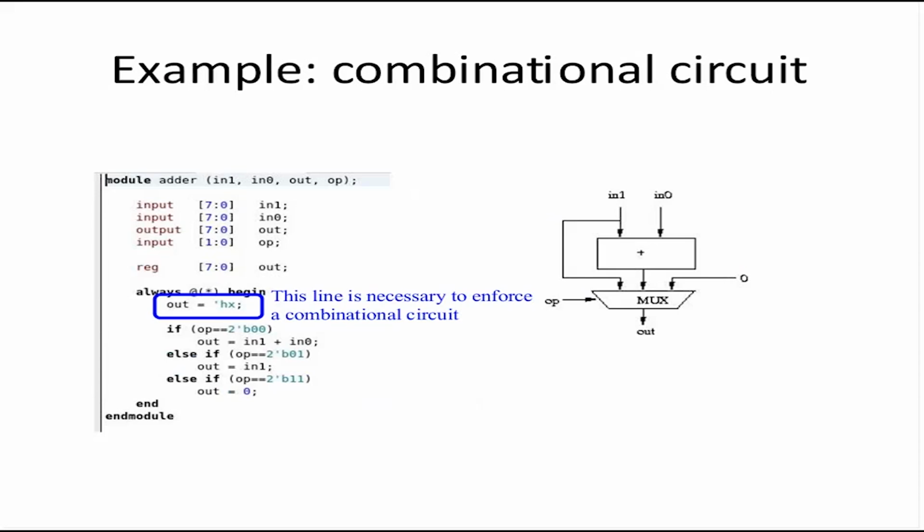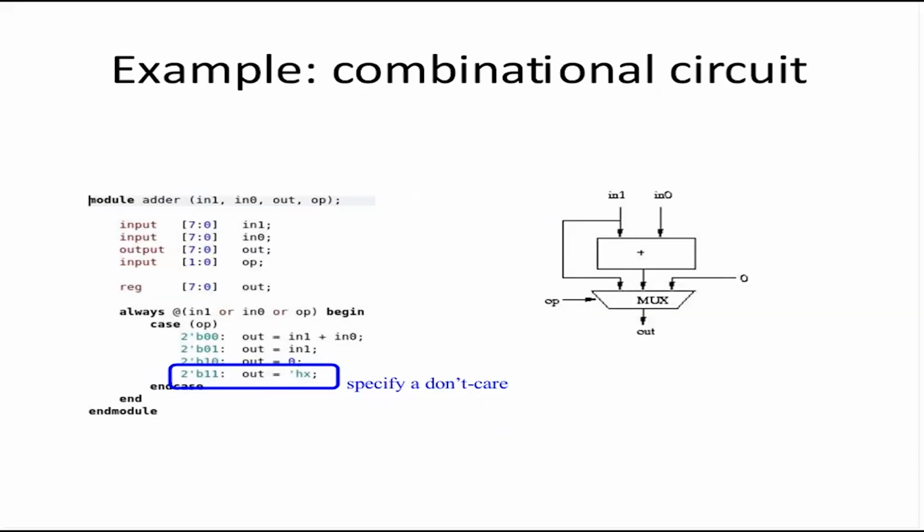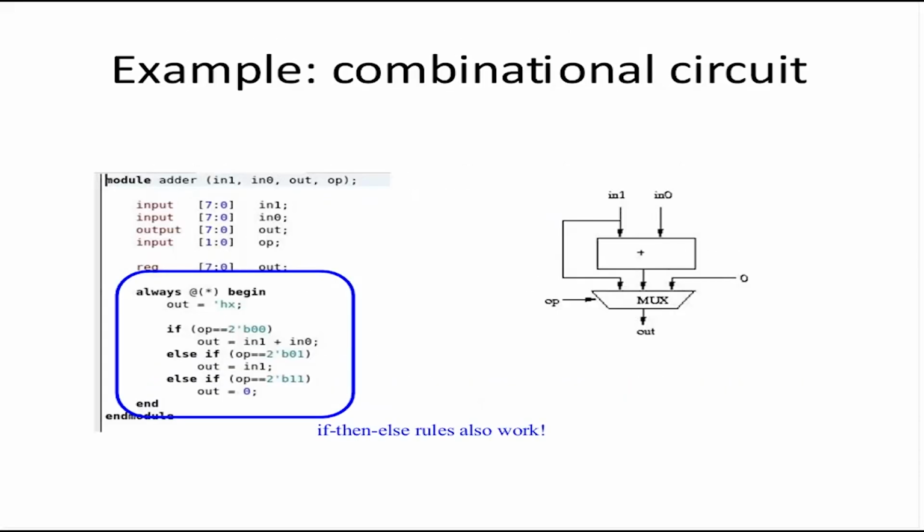This is very important because here we specified the cases of 2'b00, 2'b01 and 2'b11. So what about the remaining case, the one which is don't care, for example? Here only three cases are defined: 00, 01, 11, and not 10. So what happens in 10?